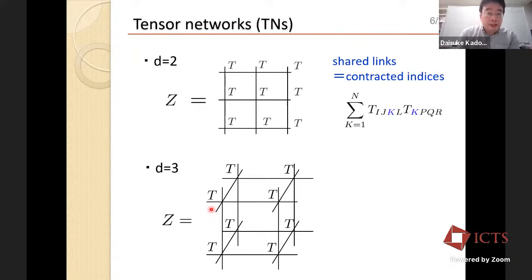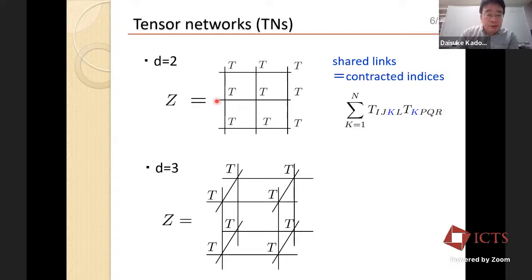And in 2 dimensions, if the lattice theory is defined on a 2-dimensional square lattice, then the partition function is expressed as a tensor network on the square lattice. And if we assume the periodic boundary condition, and if the lattice volume is 3 squared, these two lines are the same.